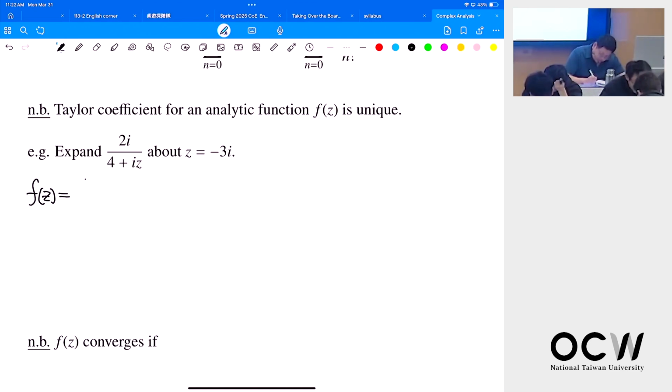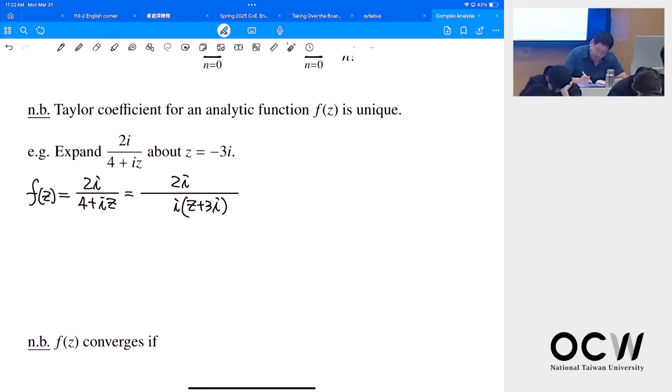The original function is 2i divided by 4 plus iz. And I need to create z plus 3i. So I have a z plus 3i in this case, and I need to multiply by i because here I have iz. And then plus 7. Because i times 3i will be minus 3, plus 7, I will get 4. So they are equal.